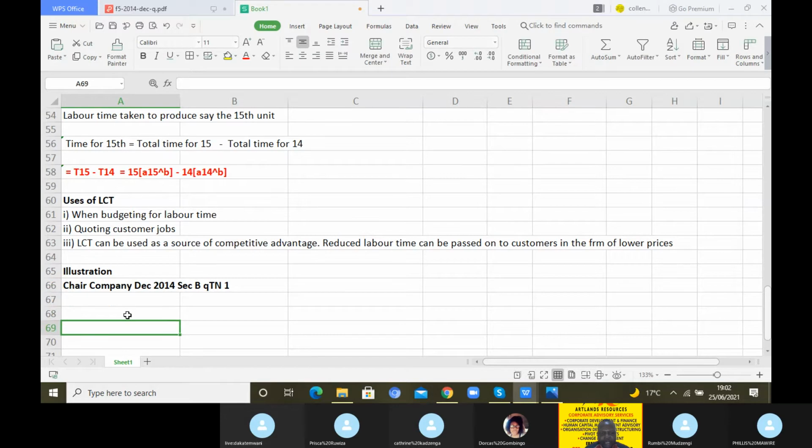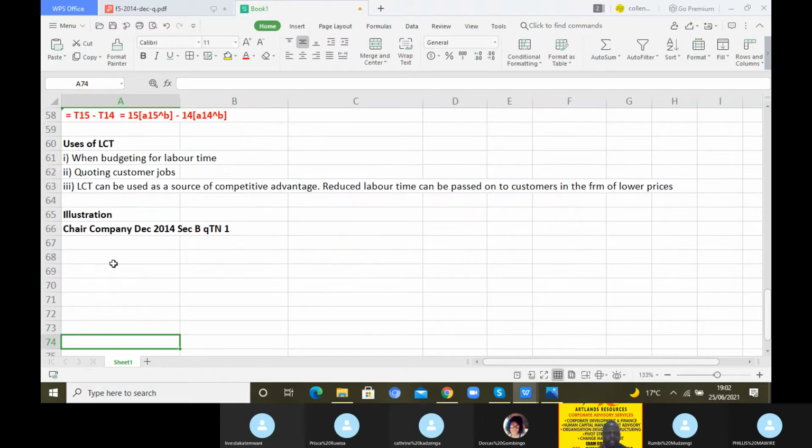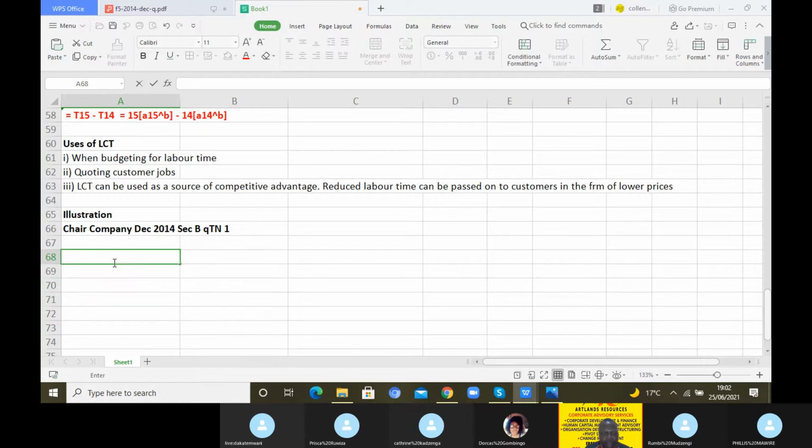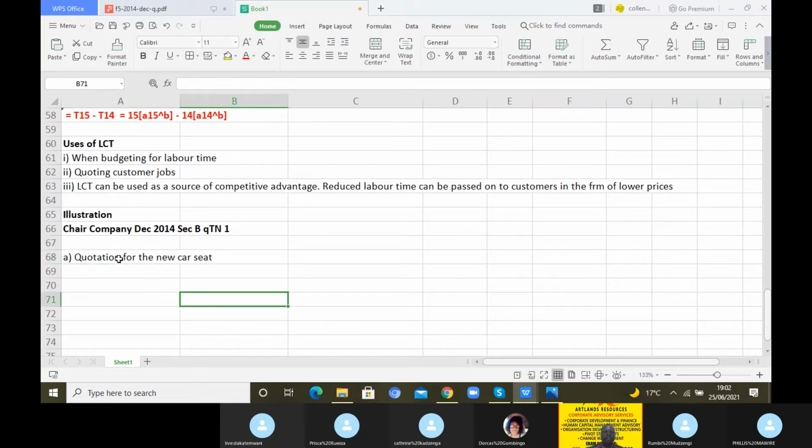Question 1, part A says: quotation for the new car seat. Now, what do we want to charge?